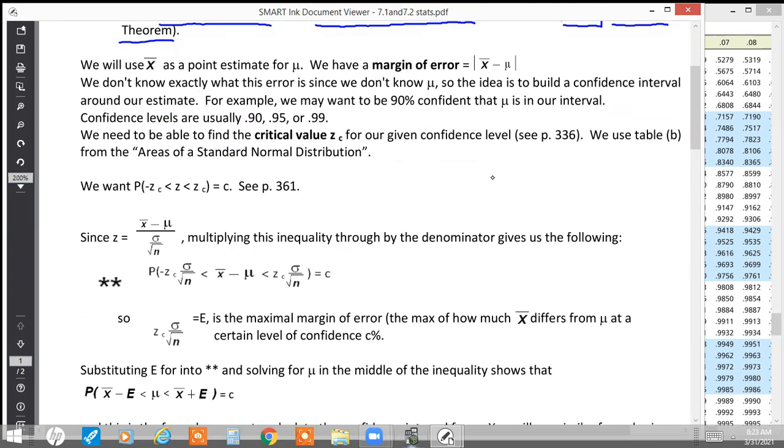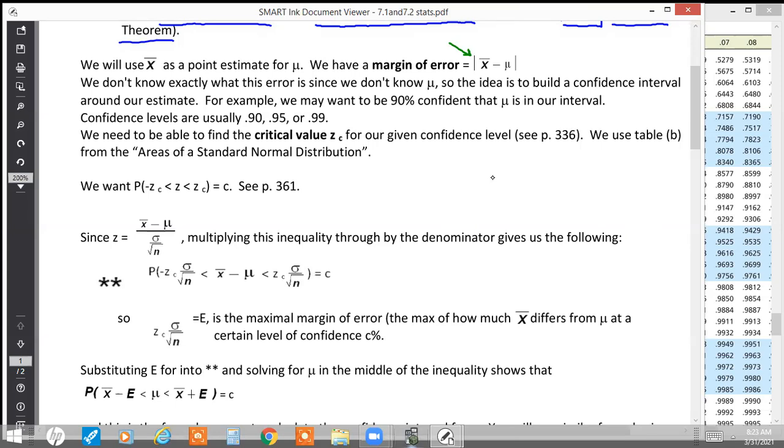We have this margin of error that we look at, the absolute value of X bar minus mu. We don't know exactly what the error is since we're taking a sample and we don't know mu, right? So the idea is what we do is build a confidence interval around our estimate. X bar plus and minus some amount of error is what it turns out.